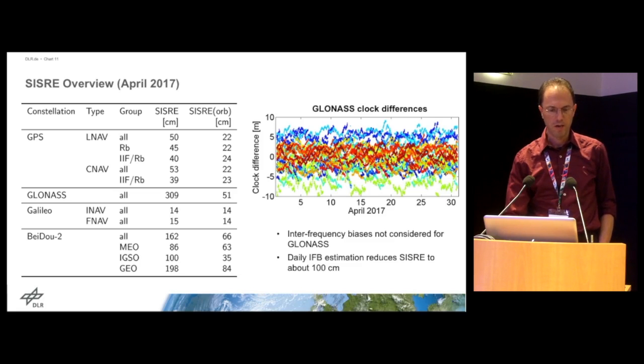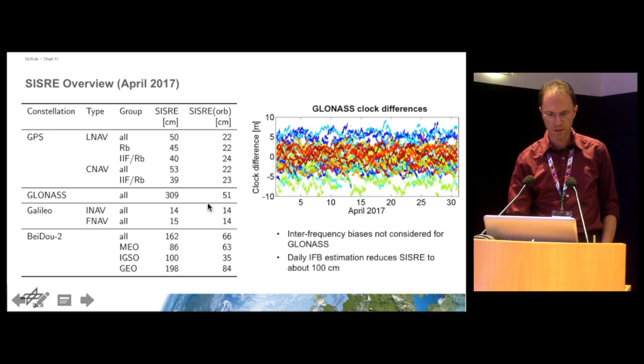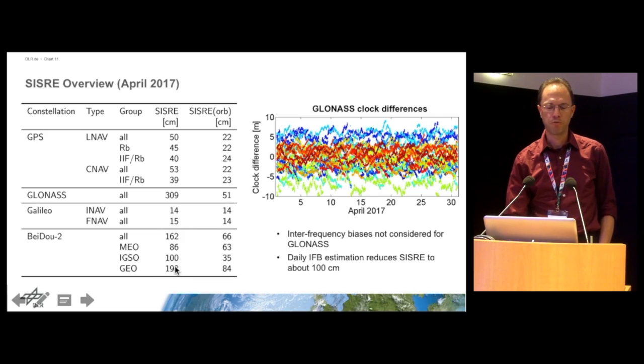For Galileo, we have these very accurate clocks, so you can see here that the difference between the orbit SISRE and the overall SISRE is almost 0. Very small numbers here. And for BeiDou, we are at about 1.6 meter level for all satellites, and the value is degraded by the bad orbit performance of the GEO satellites, where we have correlations between different parameters due to the stationary geometry of these satellites.